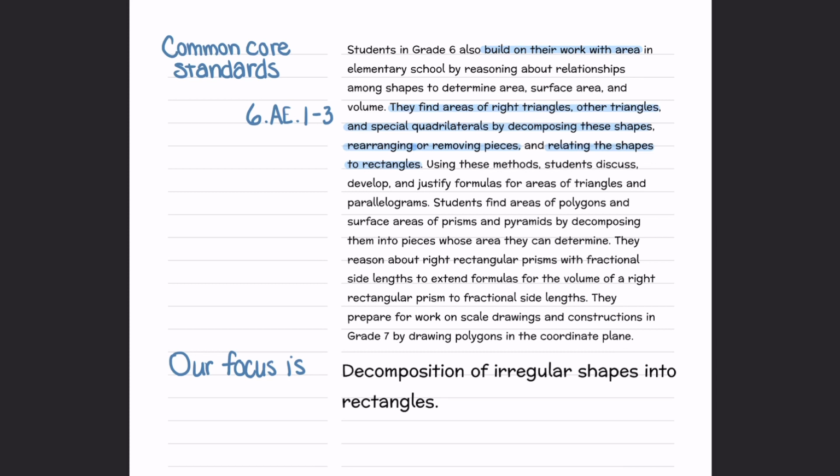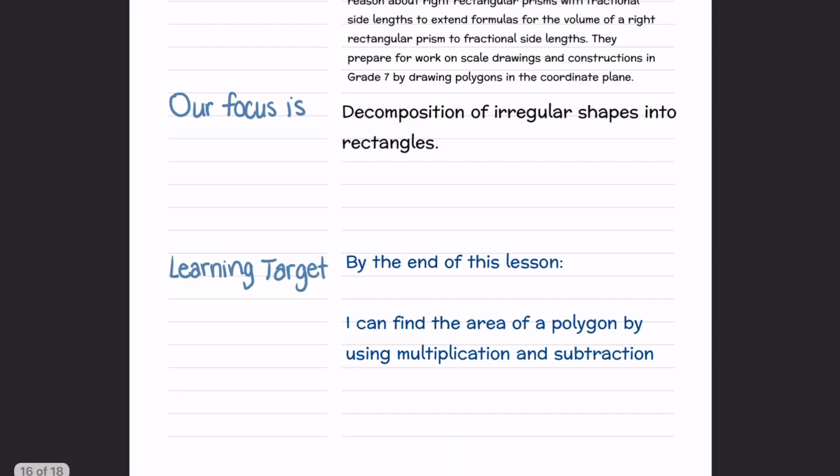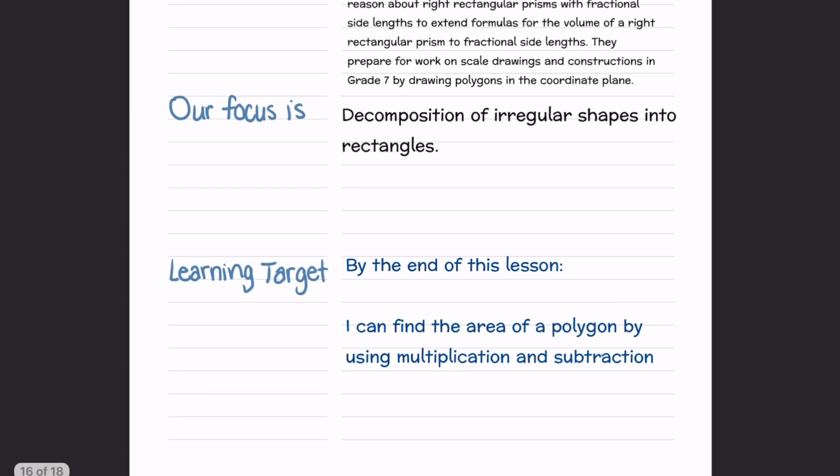I'm not going to sit here and read it all to you, but the parts that we're going to focus on today are highlighted. Build on their work with area, focusing in on relating the shapes to rectangles. So our focus is decomposition of irregular shapes or different shapes into rectangles.